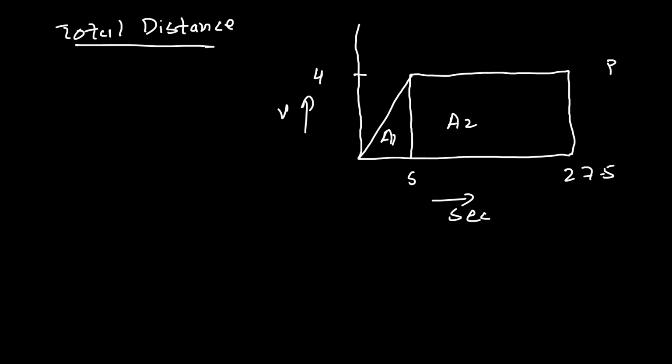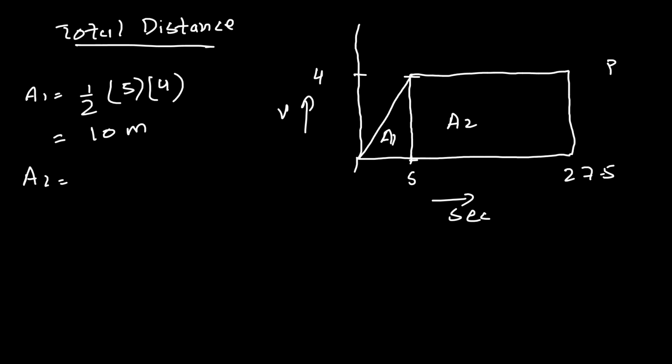Okay, so A1 will be 1 by 2. This is the base here, and this is the altitude here. So 1 by 2 times 5 times 4. So this is 20 divided by 2, that's 10 meters. And A2 is simply a rectangle, so its area will be width times height.